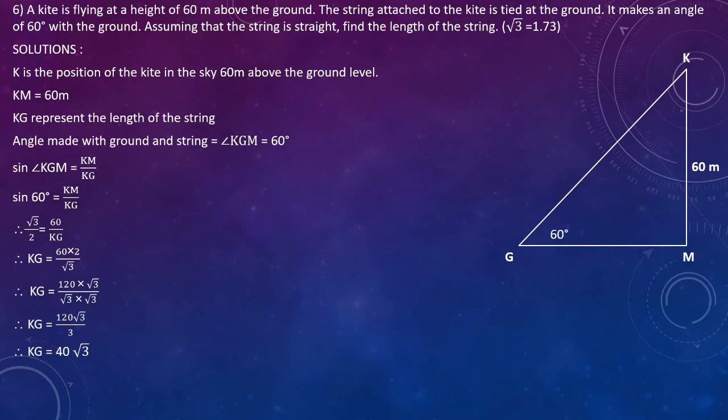So KG is equal to 40 root 3. The value of root 3 is already given in the question, which is 1.73. So substituting that value, KG is equal to 40 into 1.73, which is equal to 69.20 meters. So therefore the length of the string is equal to 69.20 meters.